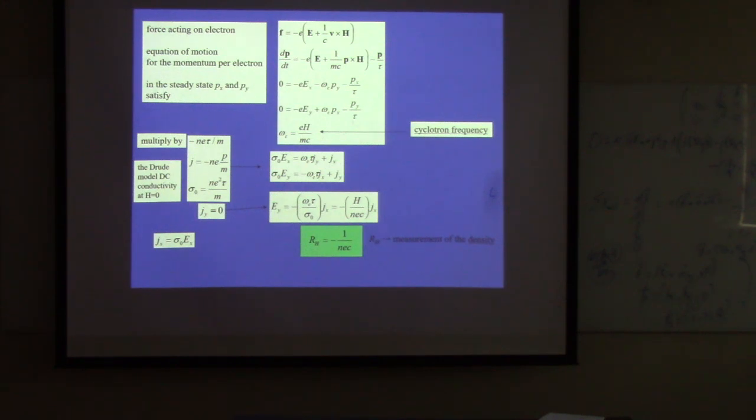So then you can relate it to omega. So we have R here, V equals eBR over M, right?